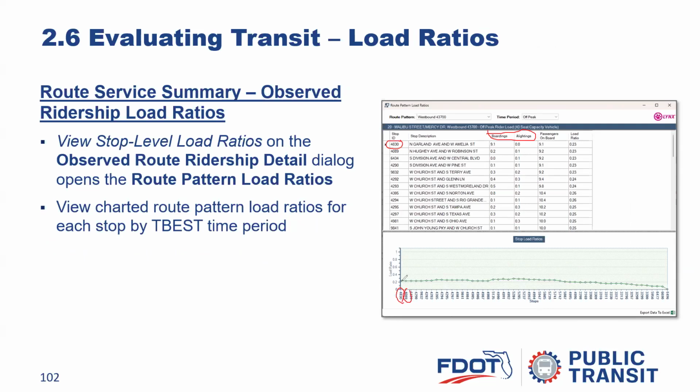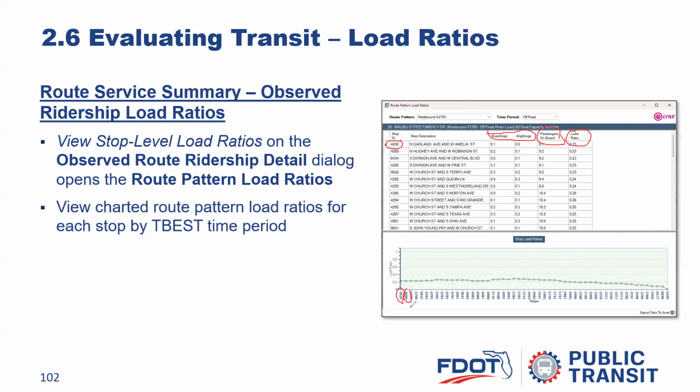so that it's sequentially going through each stop and showing you the load ratio, right? So whatever the load ratio is here in the table, it's graphically shown to you here, so that throughout this route for the off-peak time period and a certain route pattern, it's showing you the load ratio and also showing the passengers on board here in the table.